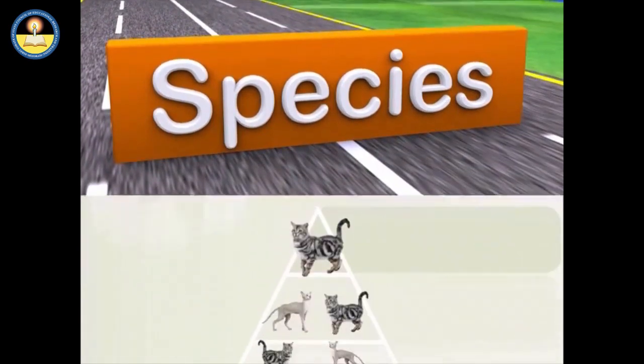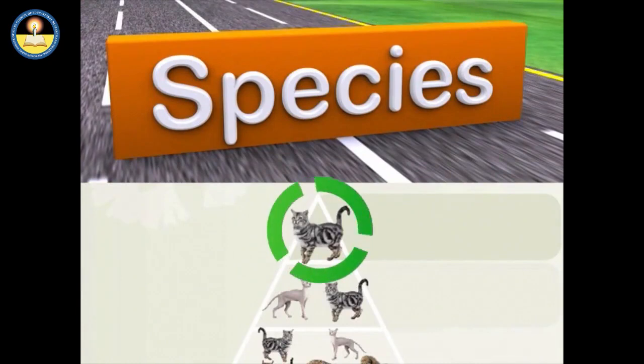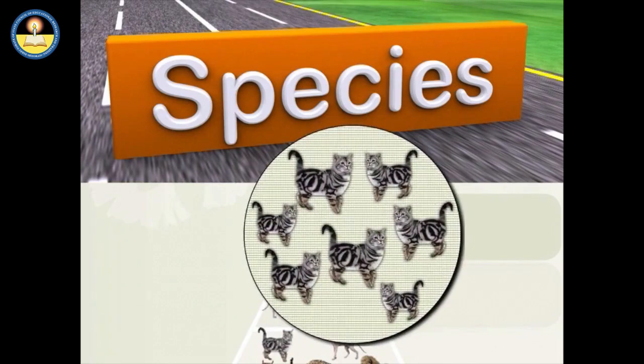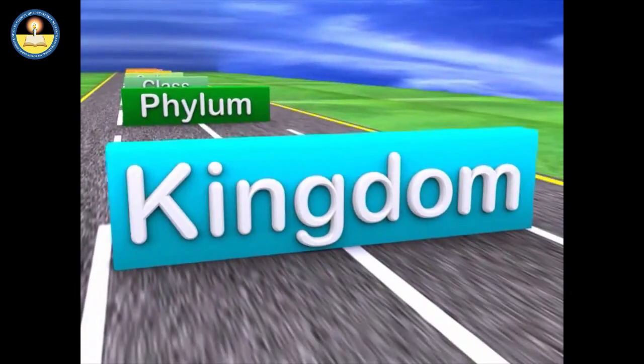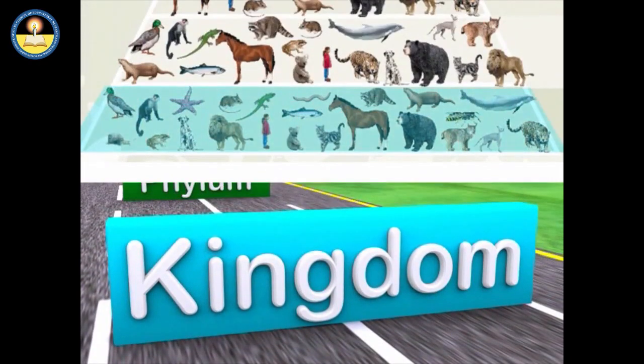Species are the smallest groups. A species consists of organisms of the same type who are able to breed and produce young ones. Kingdoms are huge groups consisting of millions of organisms of somewhat similar kinds.